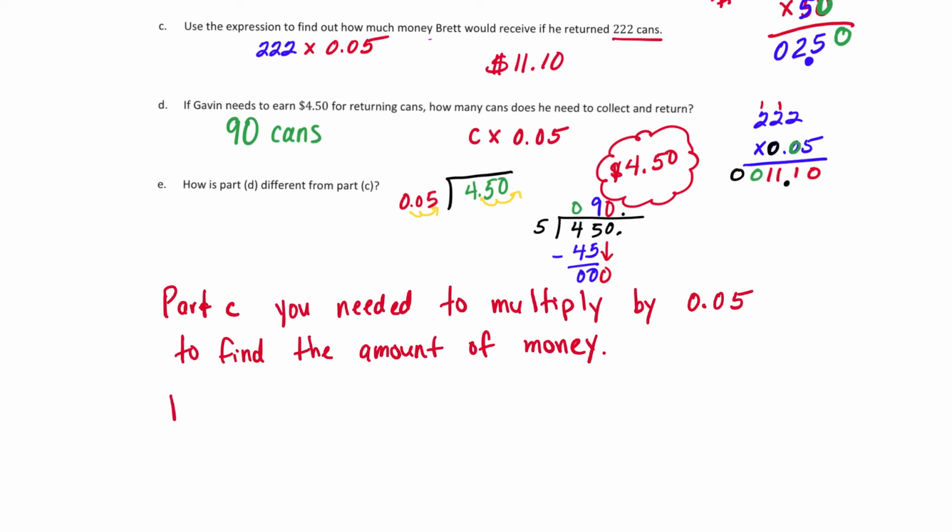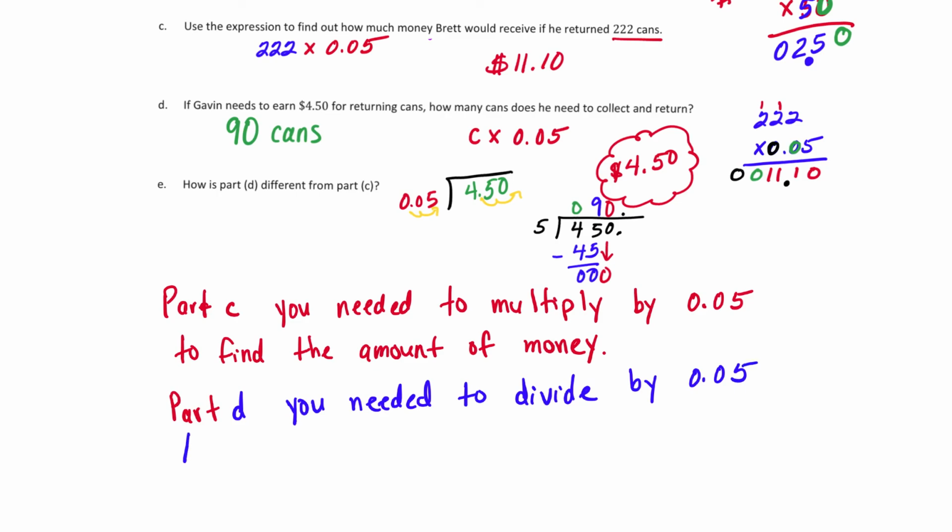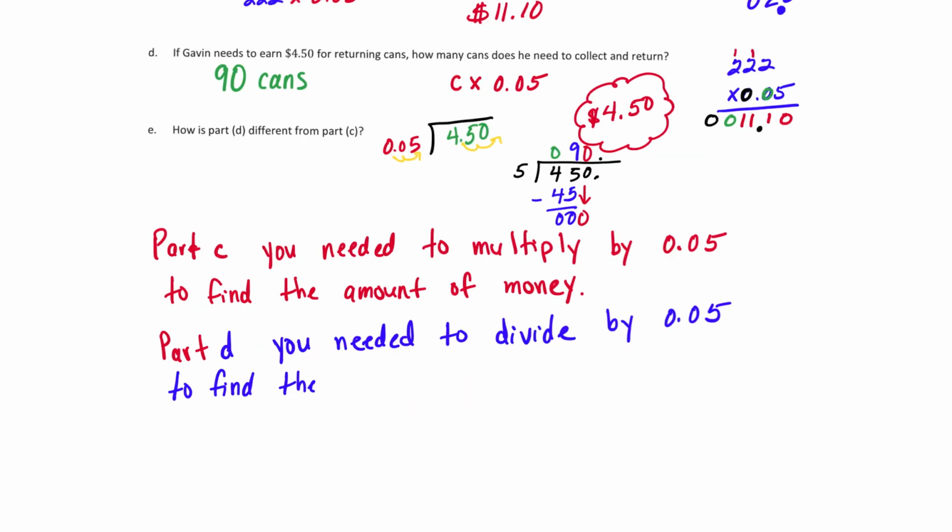And on part D, you know what, I'll do a different color. You needed to divide by 5 hundredths to find the number of cans needed.